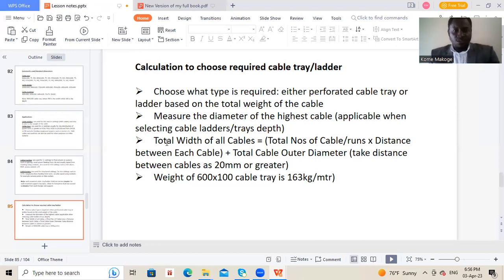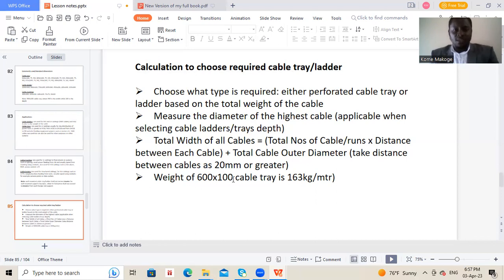The next point is the total width of all cables, which will be equal to the total number of cables divided by the runs, multiplied by the distance between each cable, which in this case we take as 20, plus the total cable outer diameter. Take the distance between cables as 20, like I did mention.